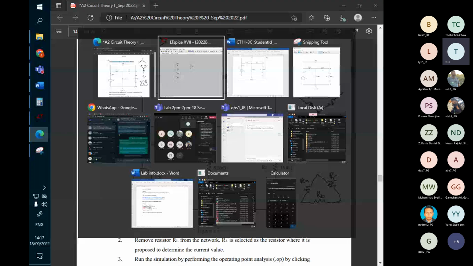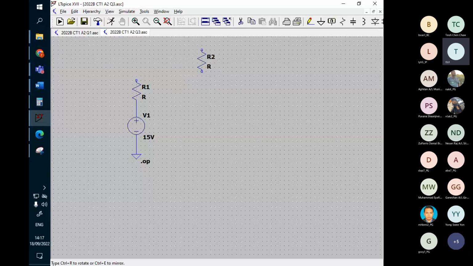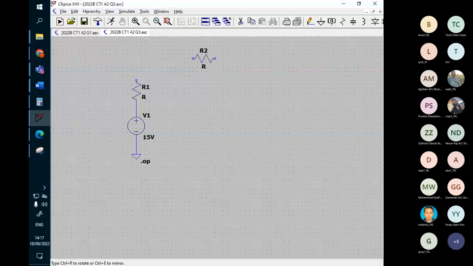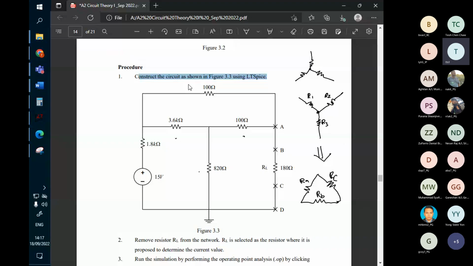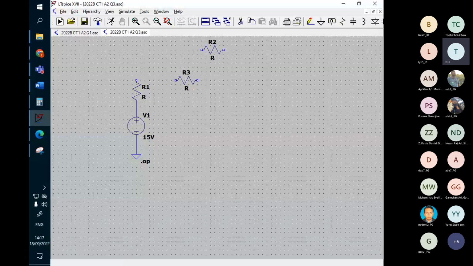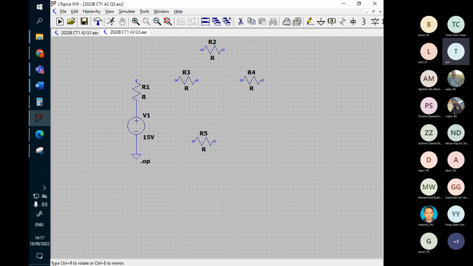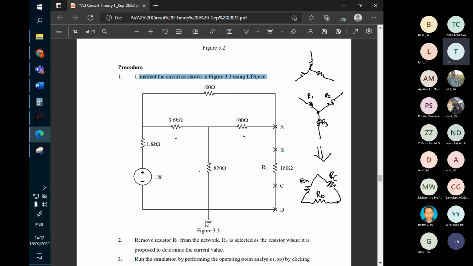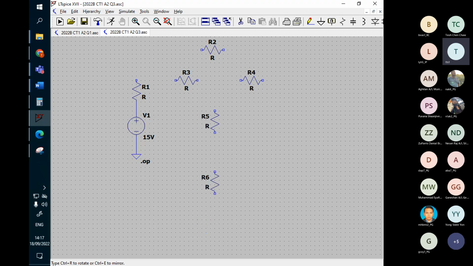For the top one, I need to rotate it and put it here, then another one here, another one here. Make sure to line them up properly. The one in the center I need to rotate and place in the center. Then the ground, only one ground. I can use this ground. So I can go ahead and join the wires, joining all the components.